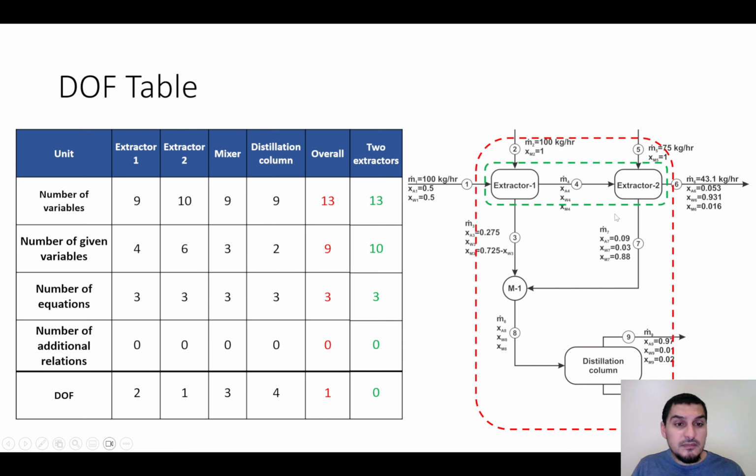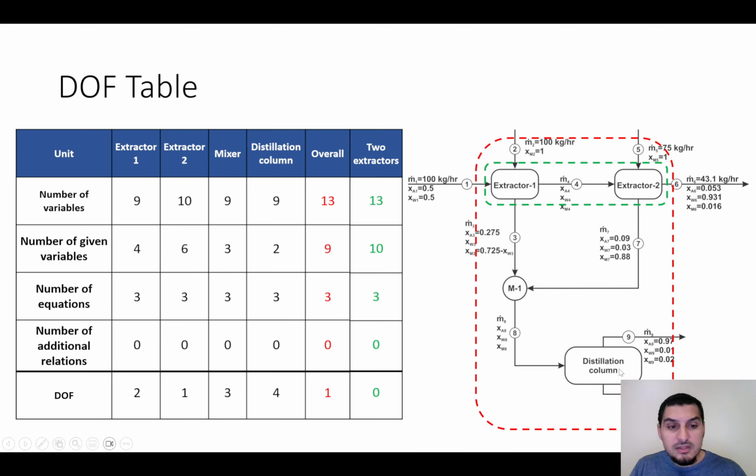And we add 1 information to the second extractor, which makes its degrees of freedom 0. And these 2 and 1, which are 3 information, are also given to M1, which is the mixer. So we have 3 extra information to the mixer, which makes the mixer solvable. So after solving the 2 extractors together, we can solve one of the 2 extractors, and we can solve the mixer. And of course, one of the 2 would be enough, because if you solve any one of the 2 extractors, we can calculate all the information in stream 4, which makes the other extractor done.